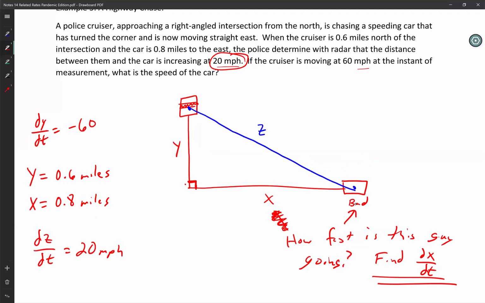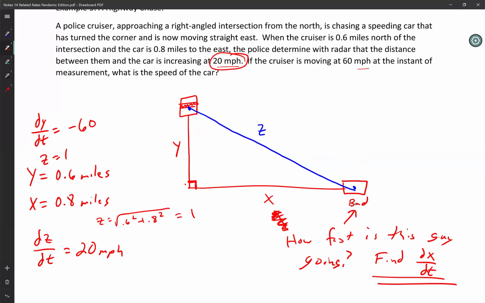Yes, Pythagorean Theorem. Z squared equals 0.6 squared plus 0.8 squared, which is 0.36 plus 0.64, that's 1. Yep, Z is 1. Are we okay so far, guys?